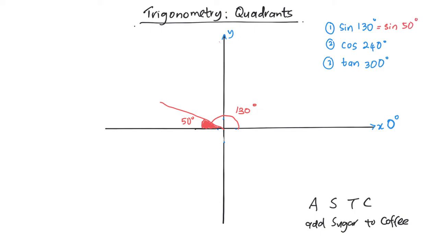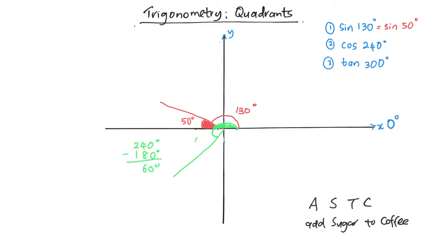Okay, for cos 240, I'm going to use a different color. 240. So we know the angle goes all the way up to here. It has not reached the end of the third quadrant because that will be 270. So this all together will be 240. And we know this part is 180. Therefore, 240 minus 180, you are going to get 60 here.